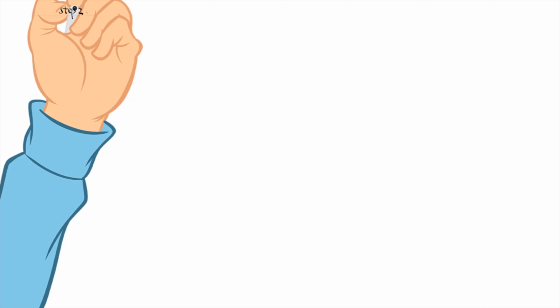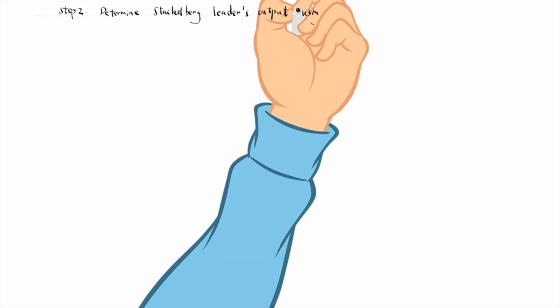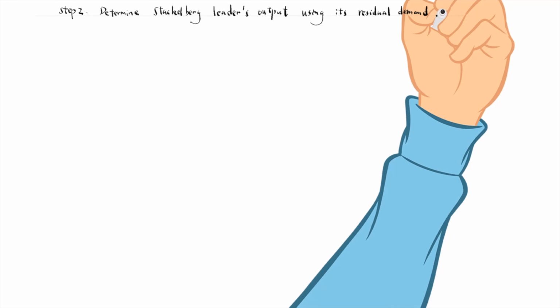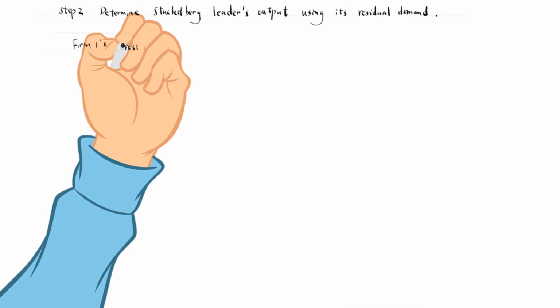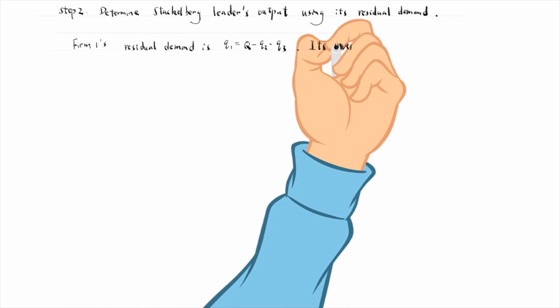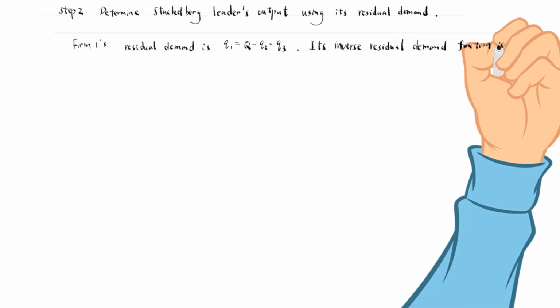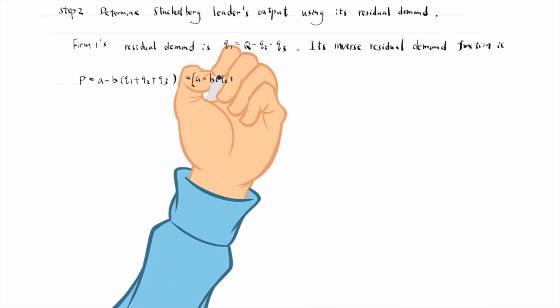In the second step, we plug the followers' best response functions into the leader's residual demand and find the Stackelberg leader's output. Firm 1's inverse residual demand function becomes a function with only its own output Q1.